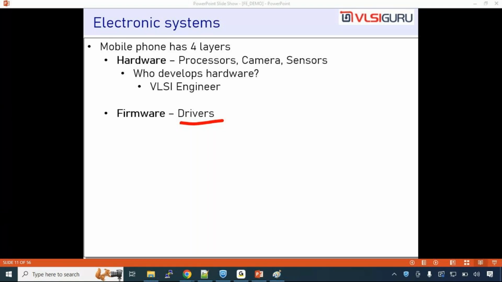In case of hardware, there is something called register programming. Register writes, register reads. My hardware will have a lot of registers. By writing into those registers and reading those registers, the firmware will control how the hardware should behave. In the bus example, the driver decides that now I want to stop the bus.